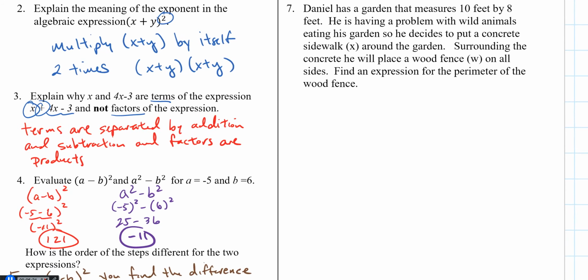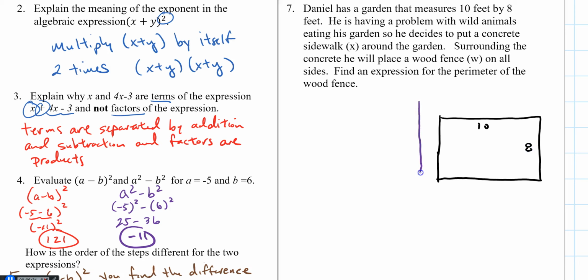So we have the garden, which I know is 10 by 8. Then around the garden, he has a sidewalk, which is x feet. So this length is x, and this length is x.